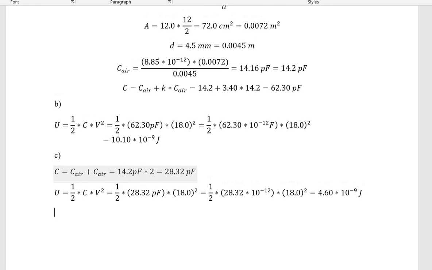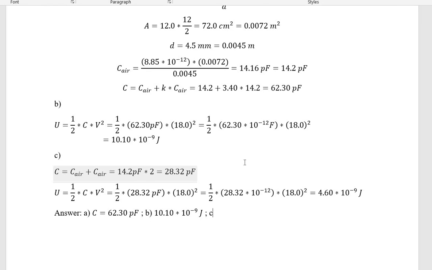So basically we have solved all the parts, and summarizing, we have the capacitance of the given capacitor, which is 62.30 picofarads in part A. In part B, we have the energy which is stored in this given capacitor, and it equals 10.10 multiplied by 10 to the power of negative 9 joules.